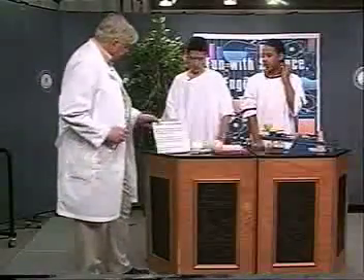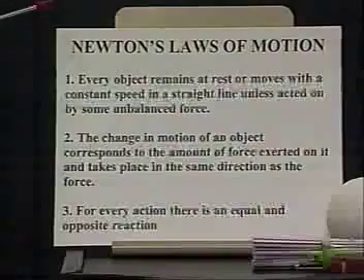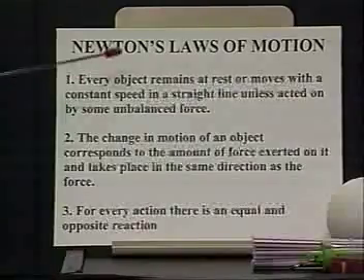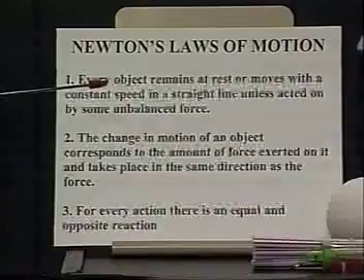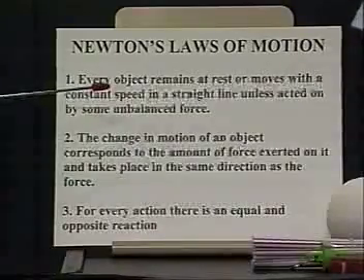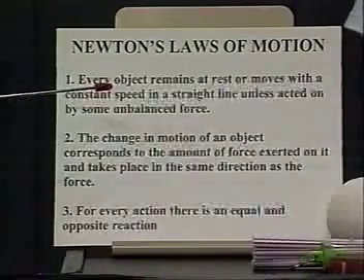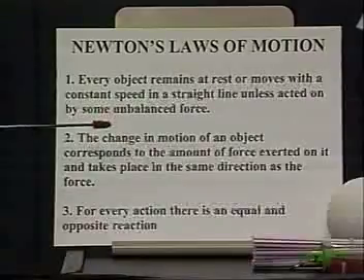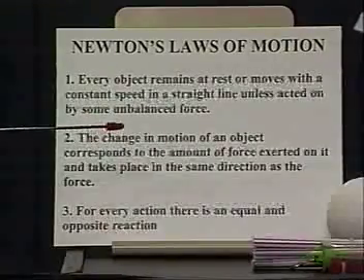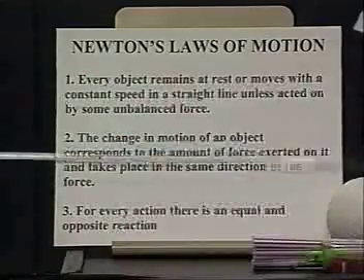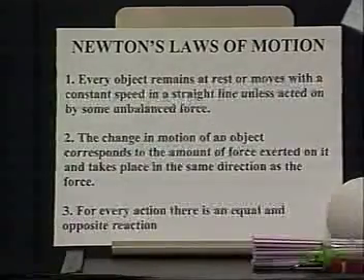His first law is every object remains at rest or moves at a constant speed in a straight line unless it's acted upon by an outside force. Okay? No big deal. All these things that we have sitting here, what are they doing?